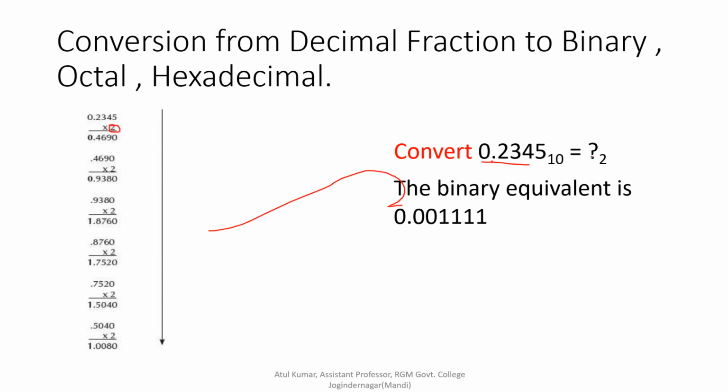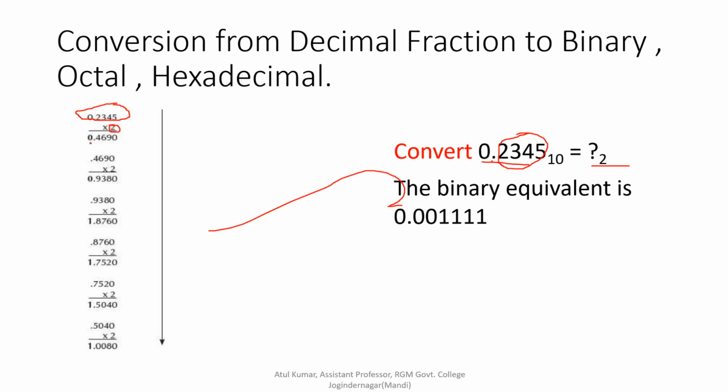For example, in this example we have 0.2345, it is a decimal number and we have to convert it into an equivalent binary number. So after the decimal point the digits are 2345, so take here 0.2345 and multiply it by 2.